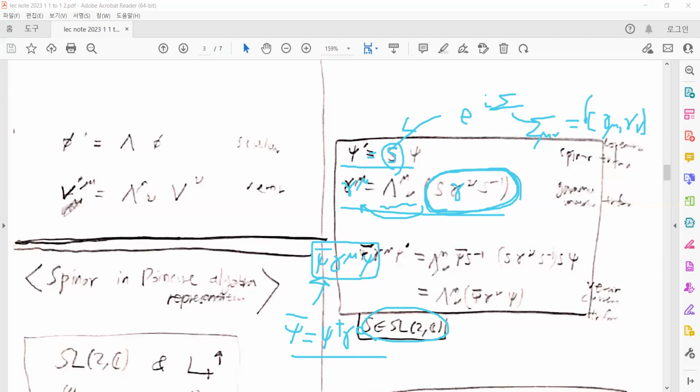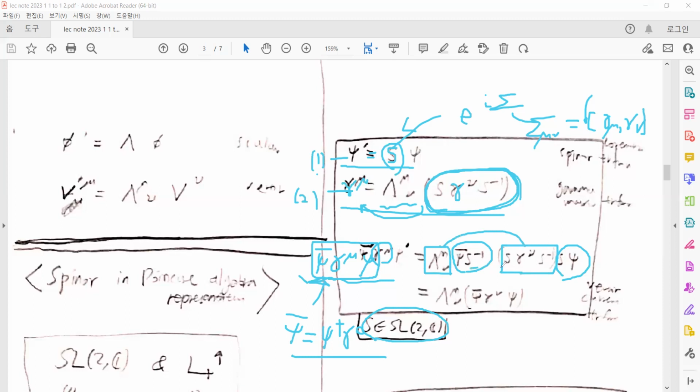If you consider the Lorentz transformation of the observer, then in the boost transform of the spinor, the adjoint and S inverse will appear, and also S and the spinors will appear. The gamma mu can be expressed with the Lorentz transformation, and S gamma nu S inverse has the conjugate form.